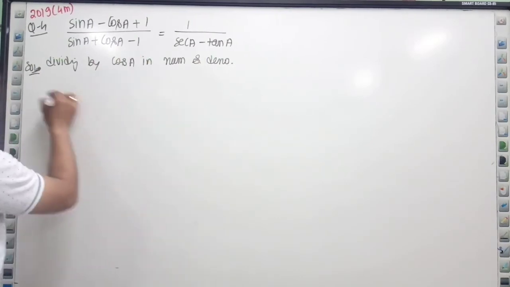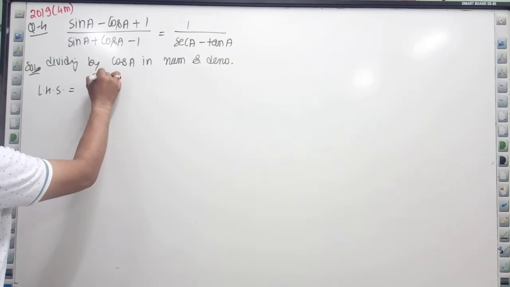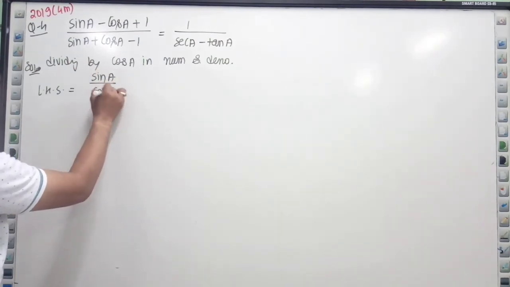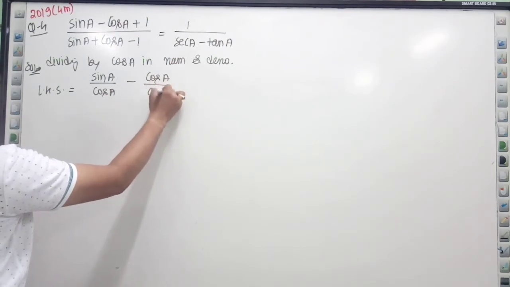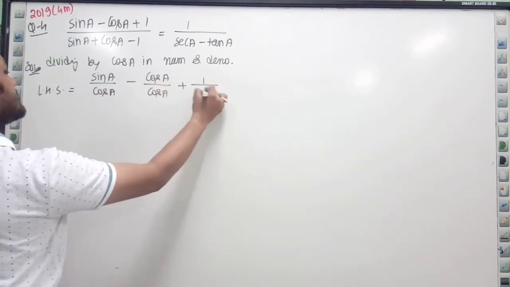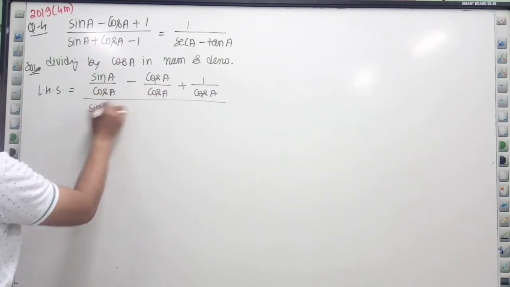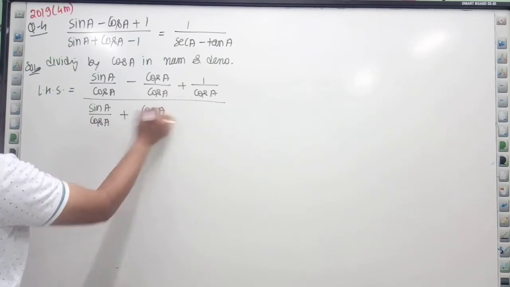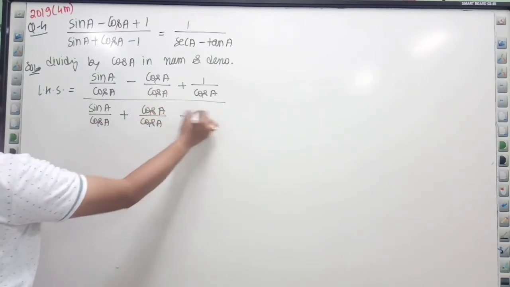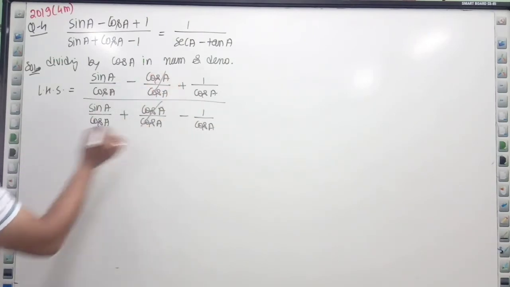Cos A, the LHS side is sin A by cos A, cos A by cos A, 1 by cos A, sin A by cos A, cos A by cos A, 1 by cos A. Cos from cos cancel, cos from cos cancel.